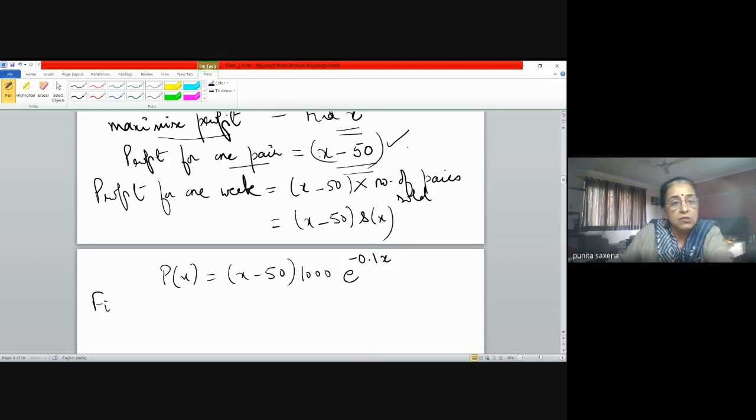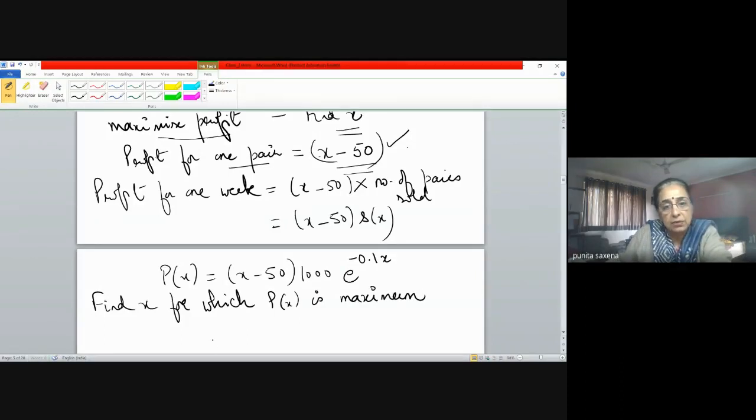Profit को ही. So we have to find x for which p of x is maximum. ठीक है. वो कैसे निकालोगे? We find p dash x. Right? We'll find p dash x. We'll equate that to 0.